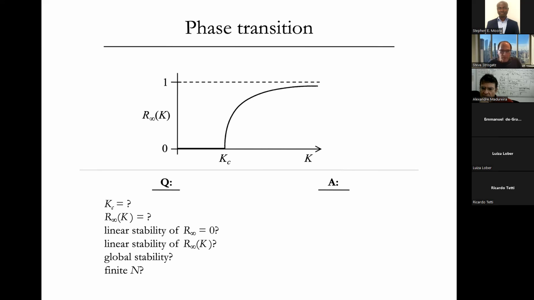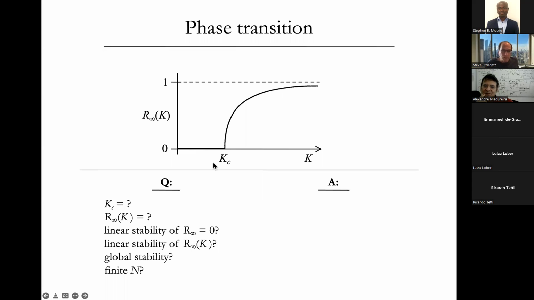So it's not that there's more and more order in some smooth way as you increase the coupling. It literally has zero order until a critical value, and then it suddenly turns on. And so that was, you could imagine, of great excitement to physicists because they love phase transitions. And for those of us in dynamical systems, it's really neat because it's a bifurcation that we would like to understand.